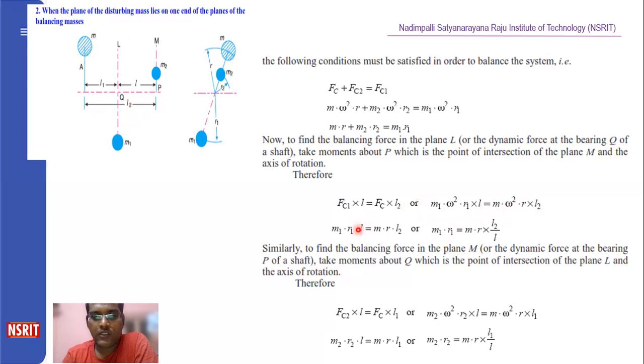Omega is constant, so M1 R1 L is equal to m r L2.